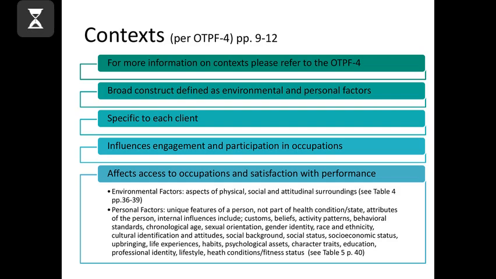Another child could grow up in the country and have access to farm animals and lots of open land and maybe lakes, rivers, or streams. This is going to influence their engagement and participation in occupations, and their occupations might even look a little bit different.